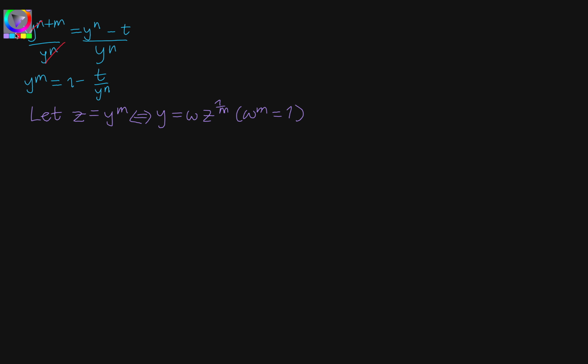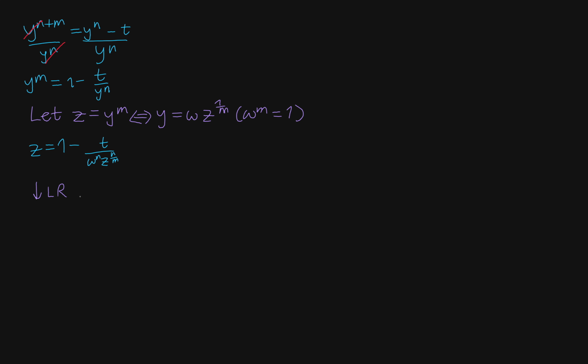So now we're going to get the proper form. We have z is equal to 1 minus t over omega to the n times z to the n over m. And so now we have the proper form. Instead, the constant thing, or the expansion area, is around 1.